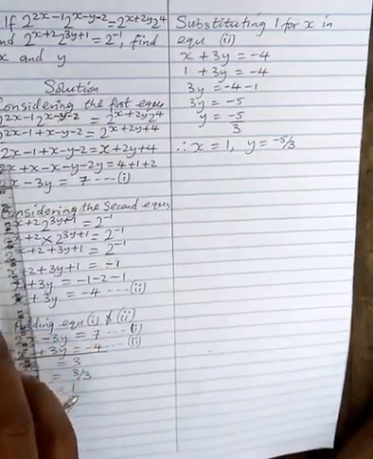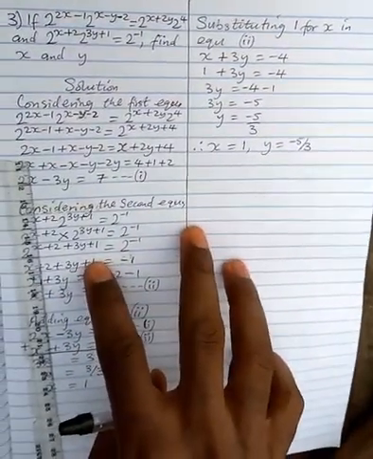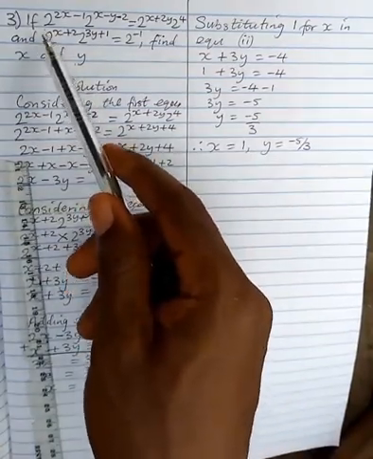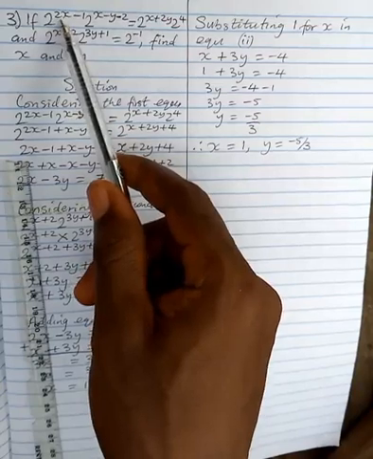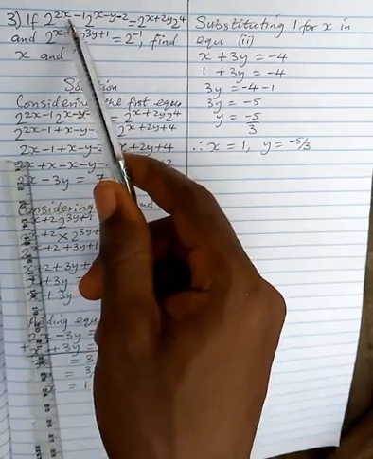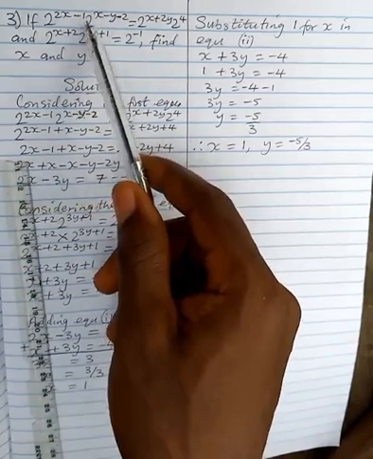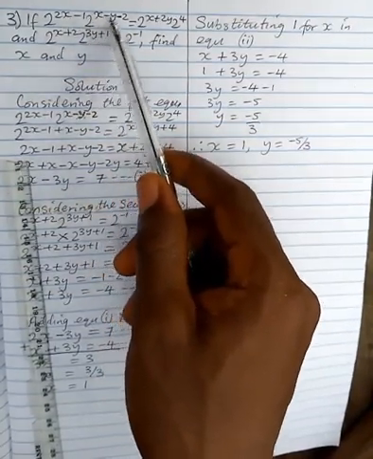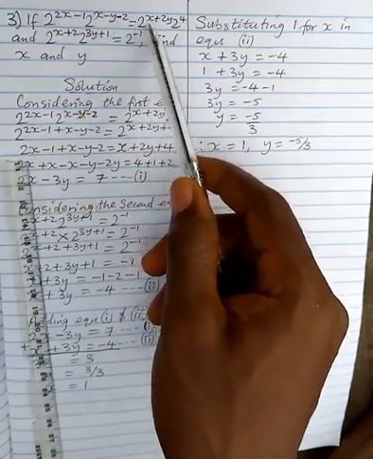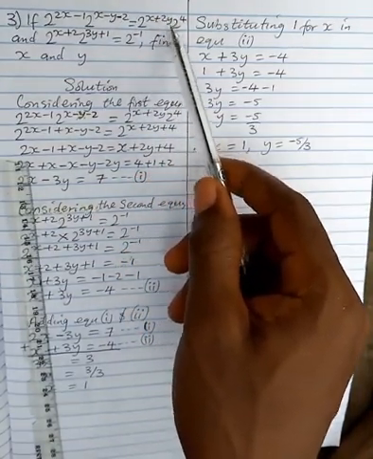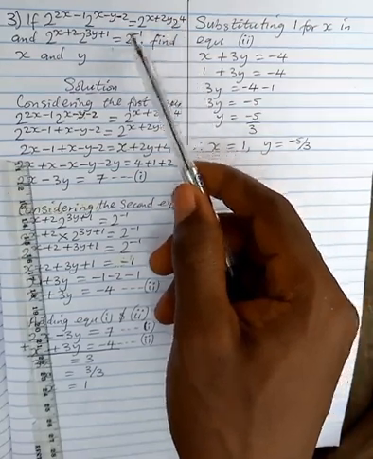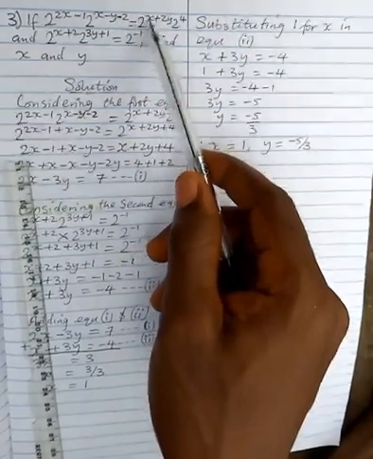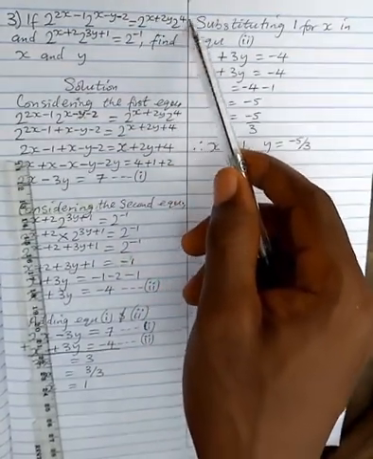So the next question we treat here is: if 2 raised to the power 2x minus 1, times 2 raised to the power x minus y minus 2, equals 2 raised to the power x plus 2 raised to the power y, 2 raised to the power x plus 2y plus 4.